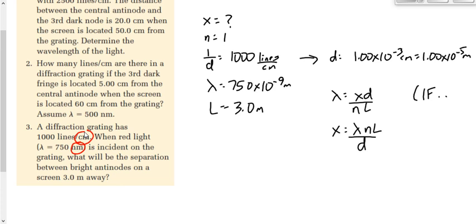I'll tell you what you could do, but I wouldn't worry about it too much. You could go back and say lambda is equal to d sine theta over n and solve for theta as a check, right? Because that's actually really a better check than our rule of thumb, because that tells us exactly what theta is. If theta is less than 10 degrees, we're good to go with the other equation to solve for the value of x. But I'll tell you what, I wouldn't worry about doing a check in this question.